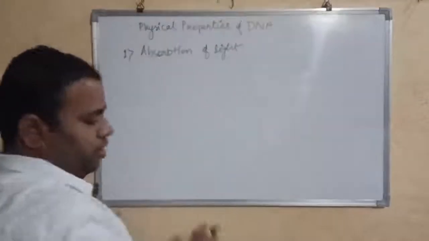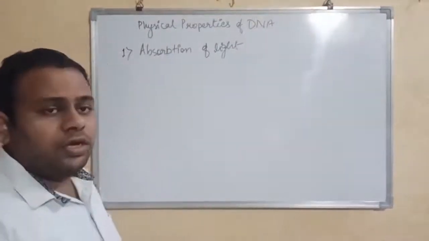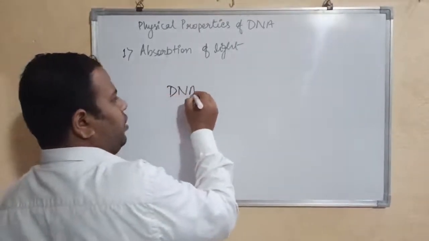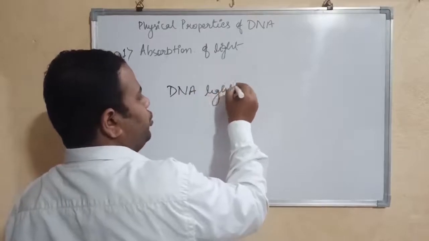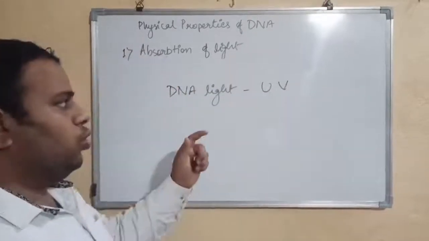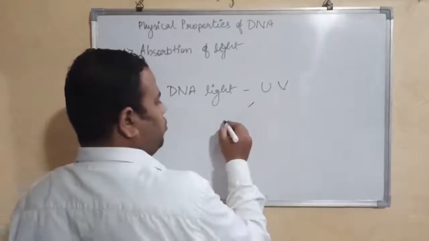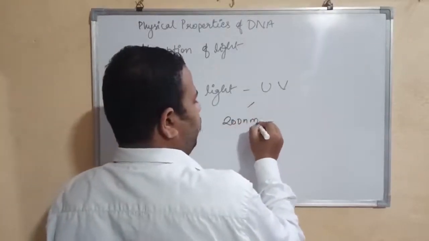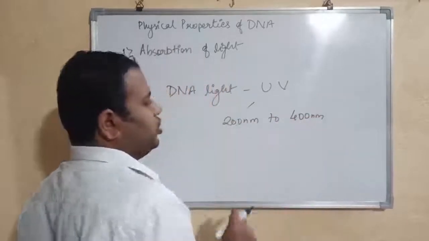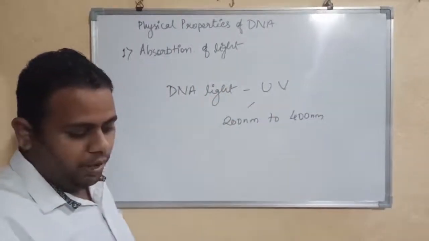So first of all, absorption of light. You know that DNA absorbs the light in the UV spectrum of electromagnetic waves. The UV range is from 200 nanometer to 400 nanometer, and in this range DNA is able to absorb the light.